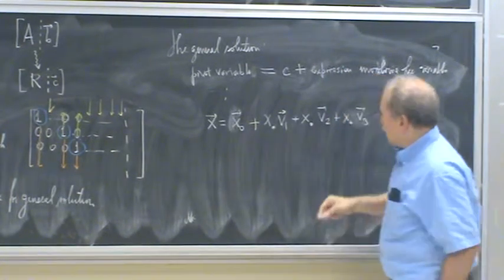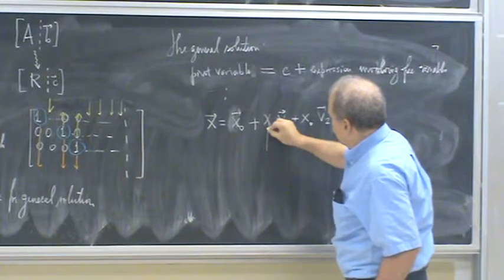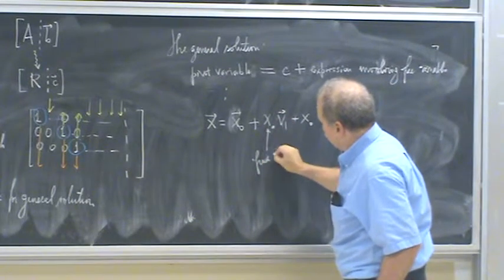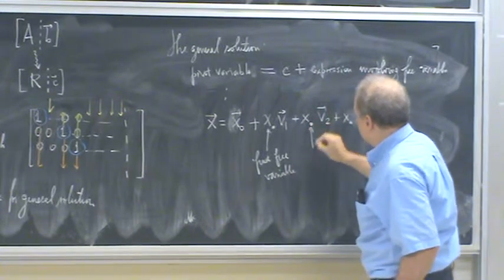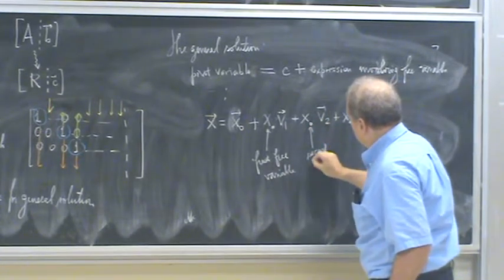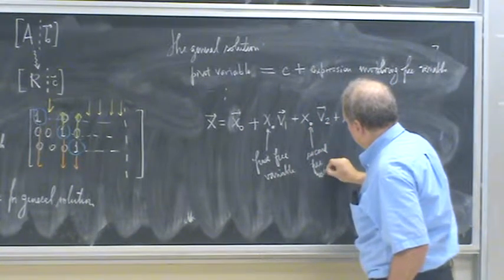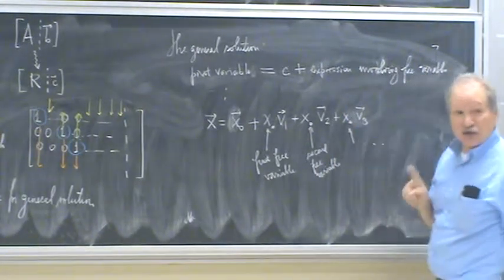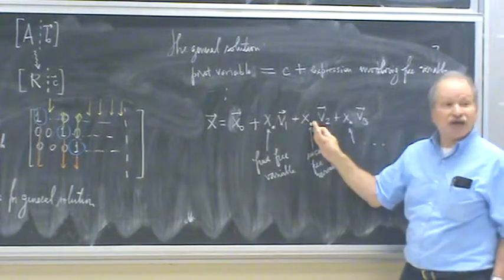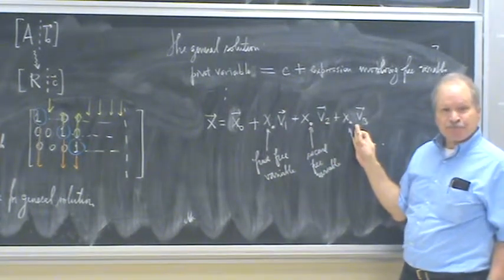So I'm being a little sloppy here. This would be the first free variable. This would be your second free variable. This would be your third free variable, and so on. So for each free variable, you get a degree of freedom in this solution.